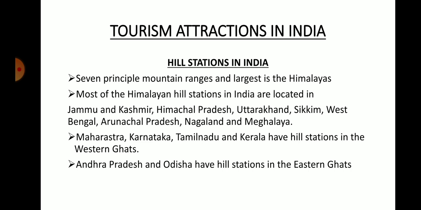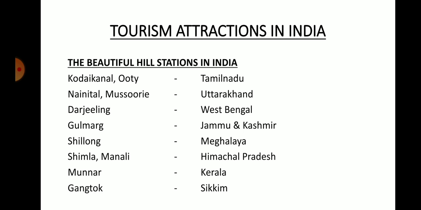Most of the hill stations are located in the Himalayan range, which includes the states of Jammu Kashmir, Himachal Pradesh, Uttarakhand, Sikkim, West Bengal, Arunachal Pradesh, Nagaland, and Meghalaya. And Maharashtra, Karnataka, Tamil Nadu, and Kerala also have hill stations in the Western Ghats. And Andhra Pradesh and Odisha have hill stations in the Eastern Ghats.